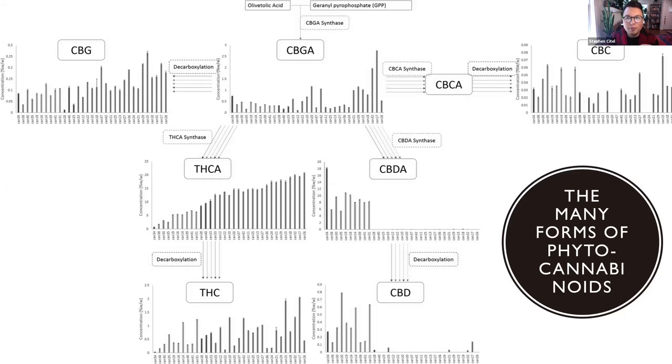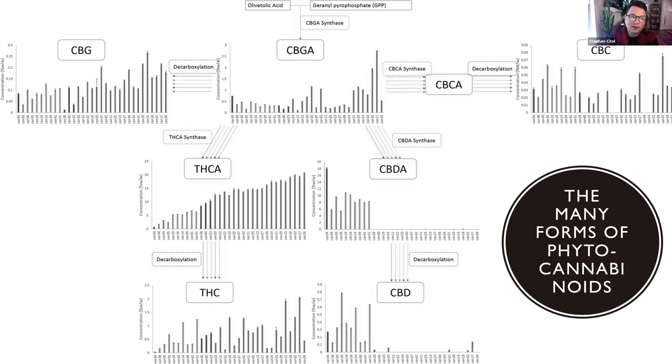So when we talk about the different phytocannabinoids and where they're coming from, we have this one particular phytocannabinoid that is considered like the mother molecule that the plant produces, and that is CBGA. It is formed from a couple of other compounds that the plant produces before it, but CBGA is really our first phytocannabinoid that the plant is going to be producing for us.